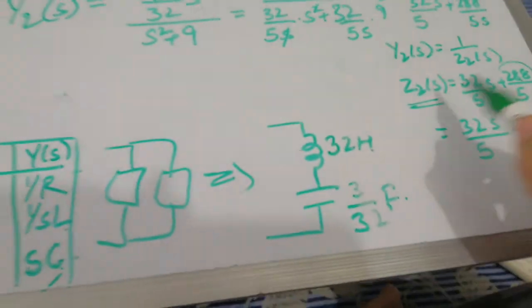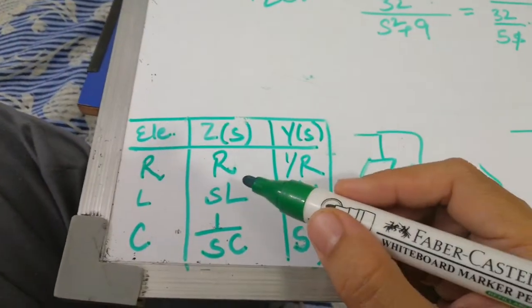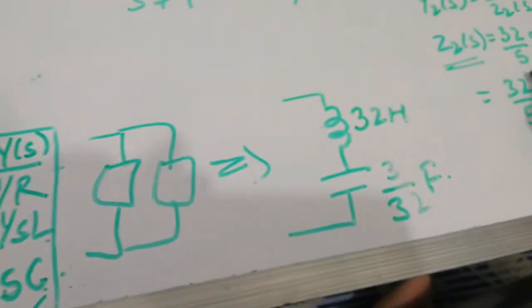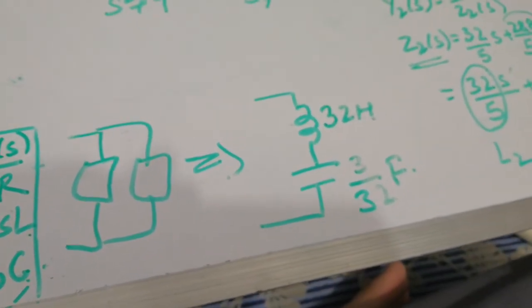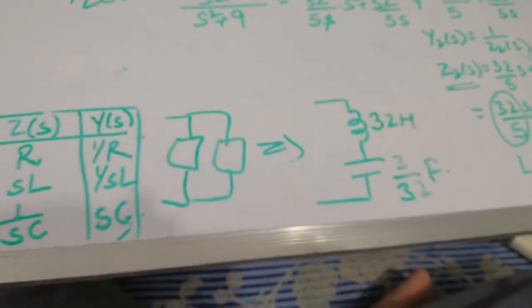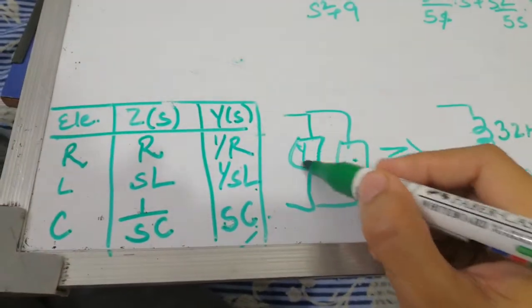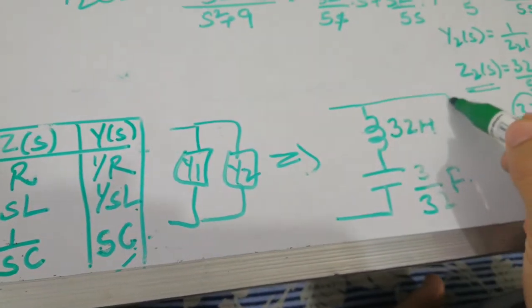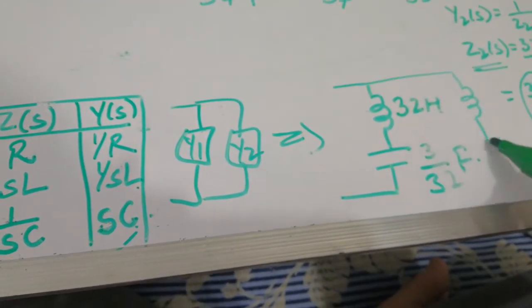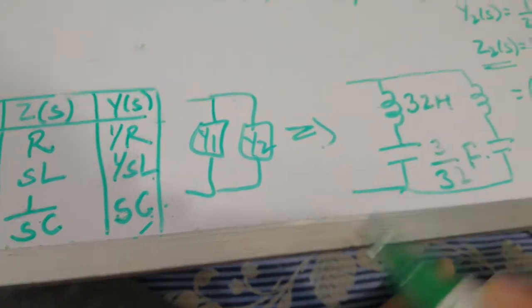Just check it out because this is equal to z. So check it out in the z column. Ls means this value is your L2 and this value is your C2. So this gives me this branch. This was Y1 and this was Y2. So this gives me the next branch of L and C components.